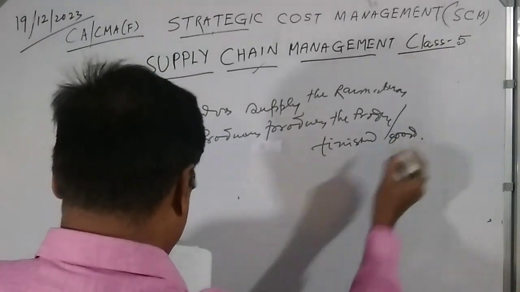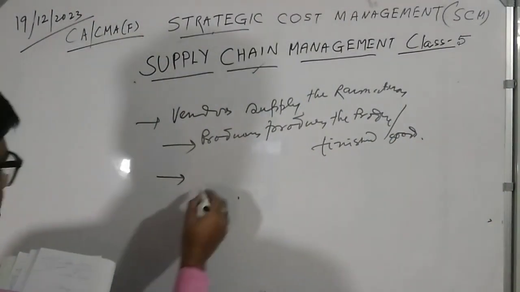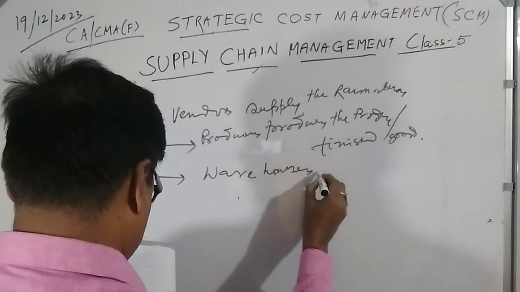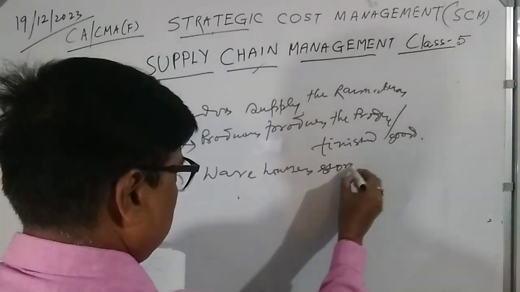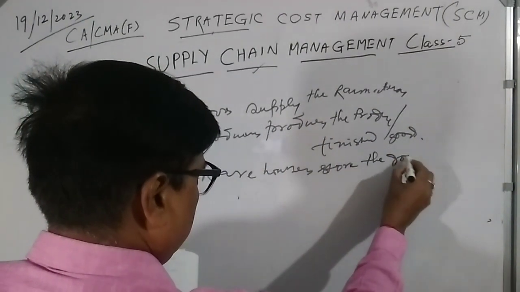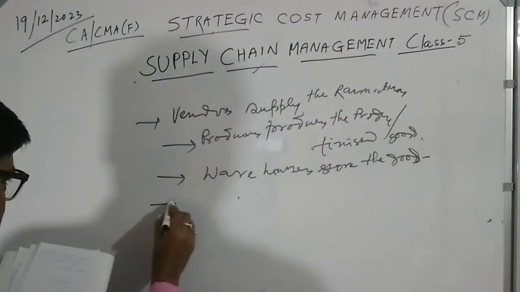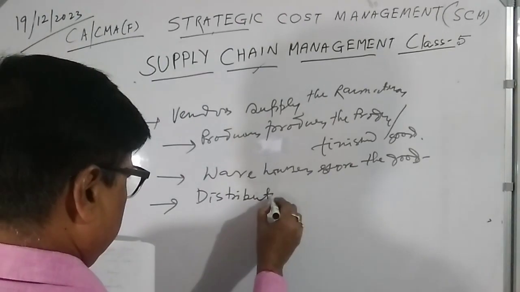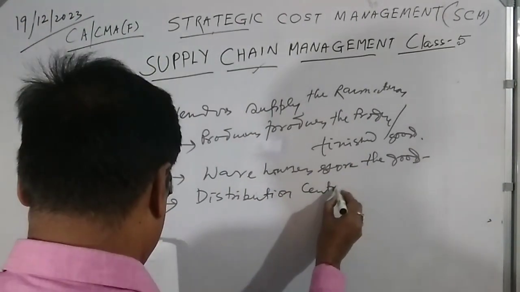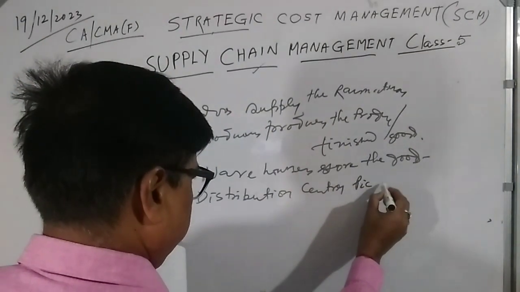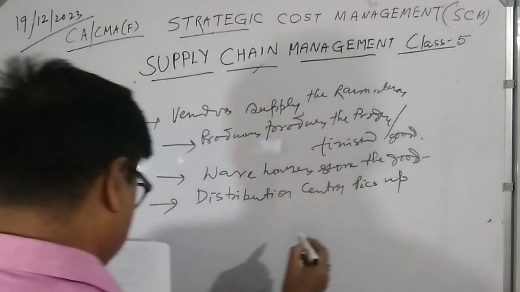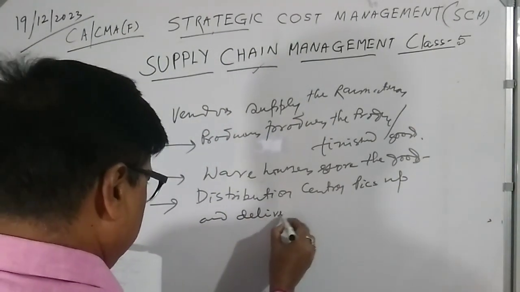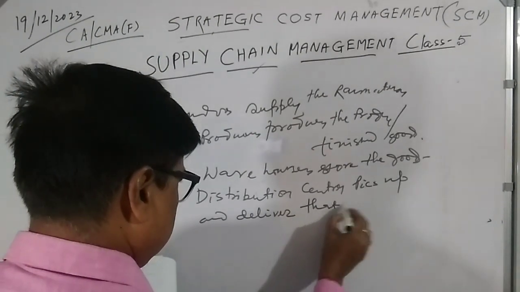Next, warehouses store the goods, distribution centers pick up and deliver the products.